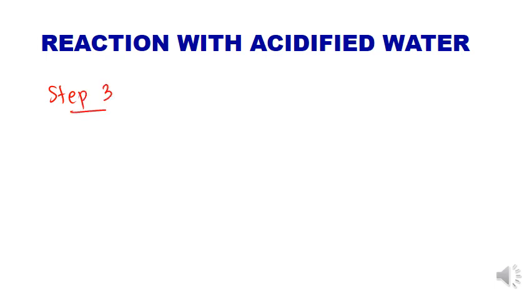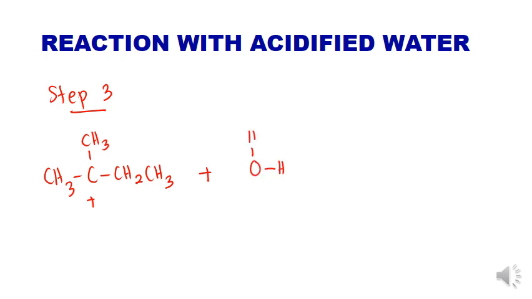that involves the nucleophilic attack on the carbocation. So we have produced this tertiary carbocation and it is attacked by the nucleophile. The only nucleophile that we have here is water. So water will use one of its lone pairs and attack the C+ to form a new bond to the carbon.